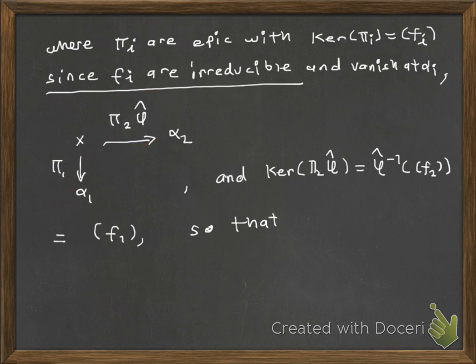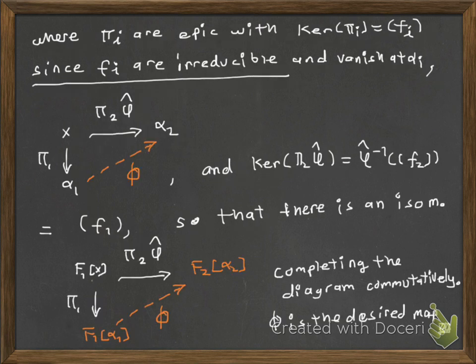This is a very common scheme in algebra where the viewer will realize that it's possible to find an isomorphism connecting the two ends of this triangle and completing the diagram commutatively, meaning the composition phi pi 1 will equal pi 2 phi hat.